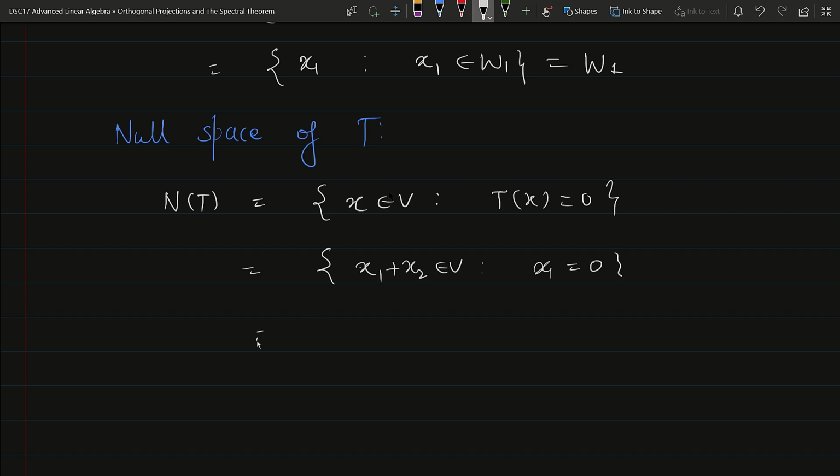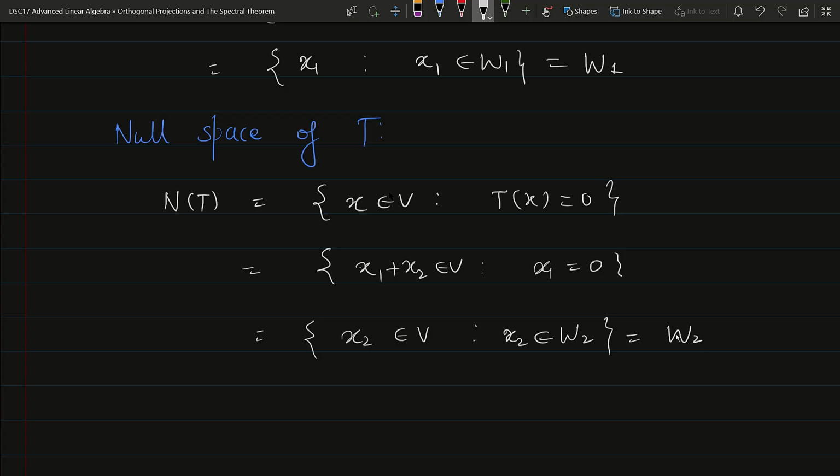So if we choose x1 equals 0, then we have x2 belongs to v, such that this is happening. So I can say this x2 is the member of w2. तो हमें v में केवल x2 टाइप के मेंबर को आइडेंटिफाई करना है. So I can say this x2 is in w2, right, and that is nothing but the w2.